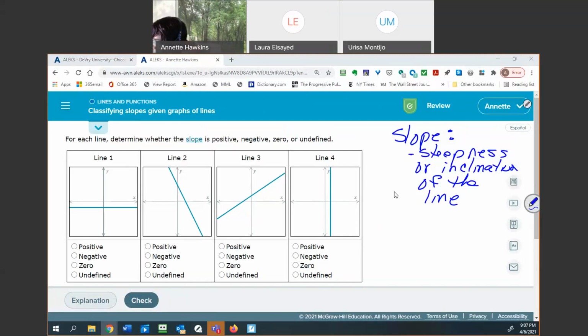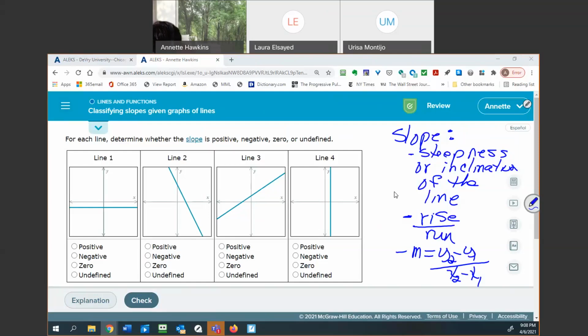No problem. So slope is the steepness or inclination of the line. Rise over run. And the symbol for slope is M. And then the formula for slope is y2 minus y1 over x2 minus x1. Now, these subscripts come from your points. Y2 means that's point 2, the y coordinate of point 2.